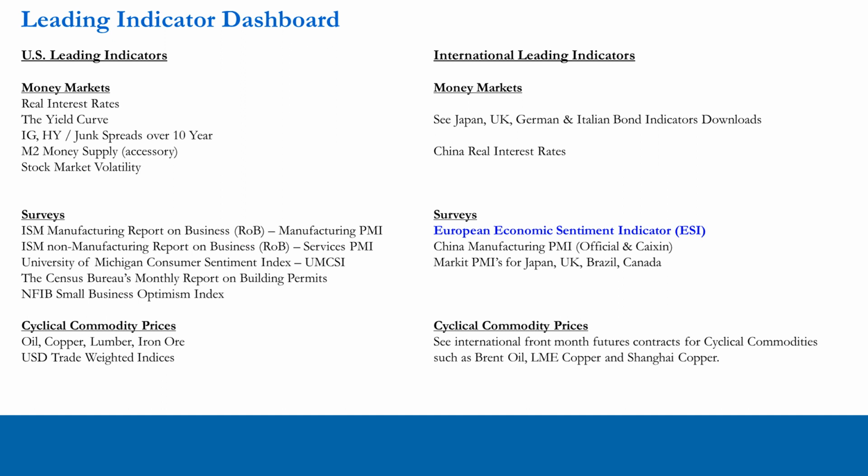So as traders and PMs, we now have a pretty comprehensive dashboard of macroeconomic leading indicators, both in the US and internationally, to help us survey the macroeconomic picture at any one moment in time, in the United States and internationally.